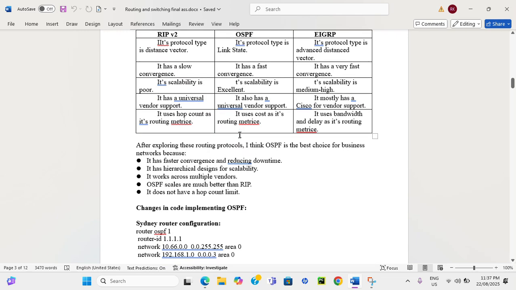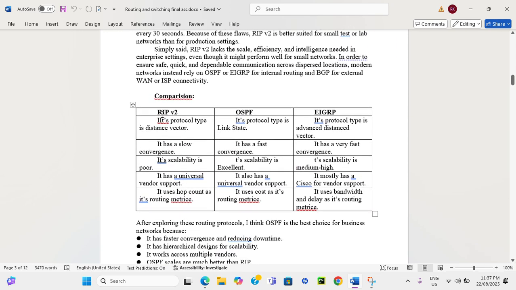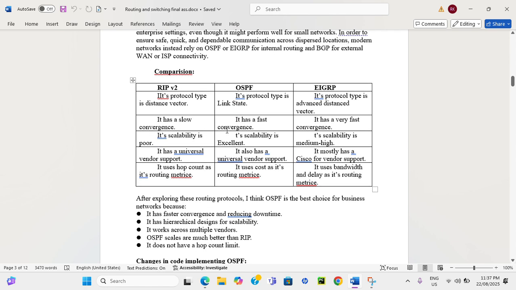Firstly, I replaced RIPv2 with OSPF. OSPF is a modern link state routing protocol. It converges far more quickly, minimizing downtime.